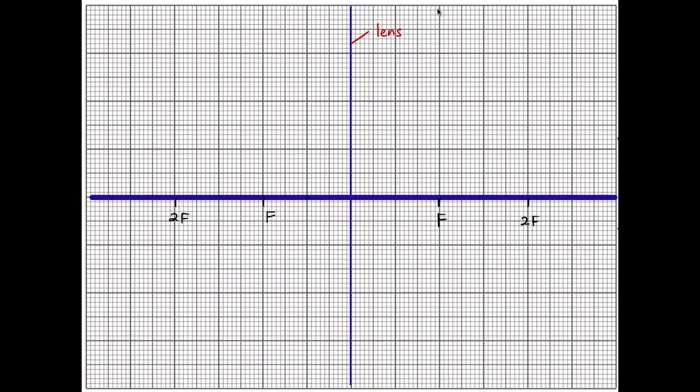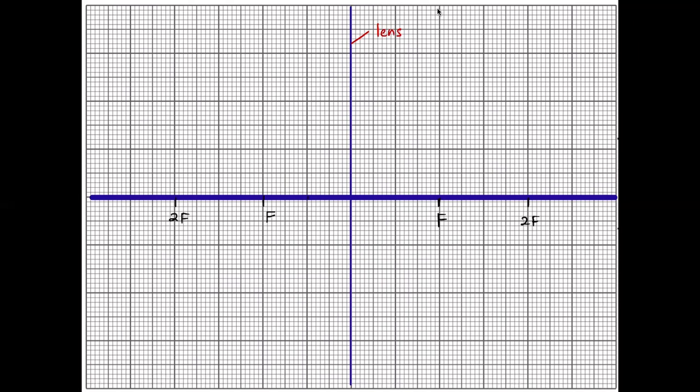The same goes for the opposite side, F and 2F. Make sure that the distance is the same. So I will be using 5 basic positions of the object.